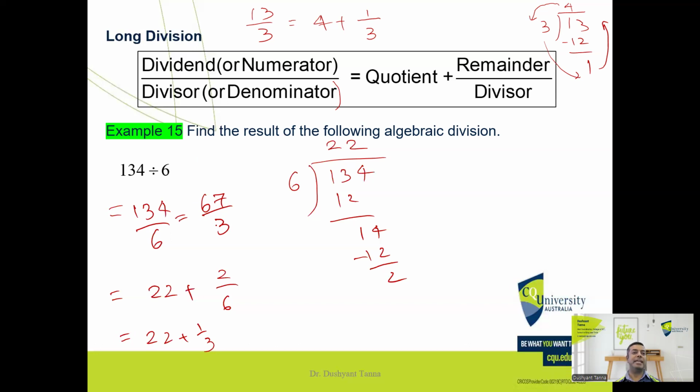Had you realized that both of them are even numbers, they can be cancelled out by 2.